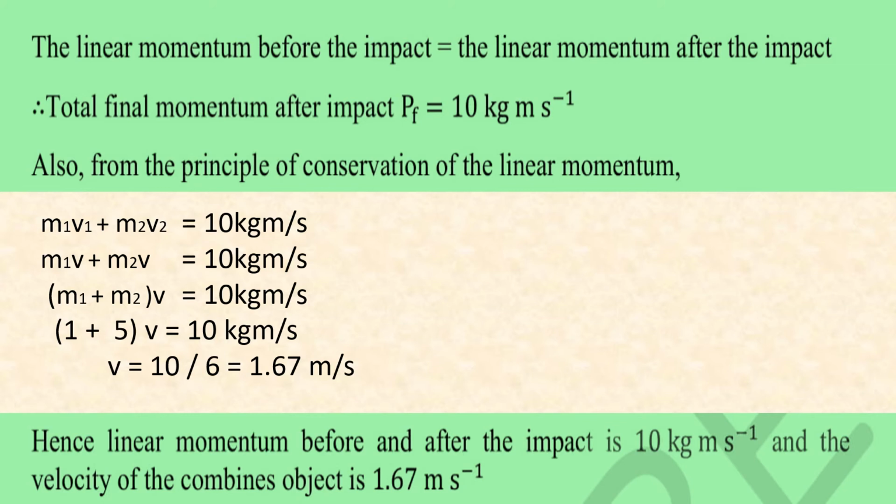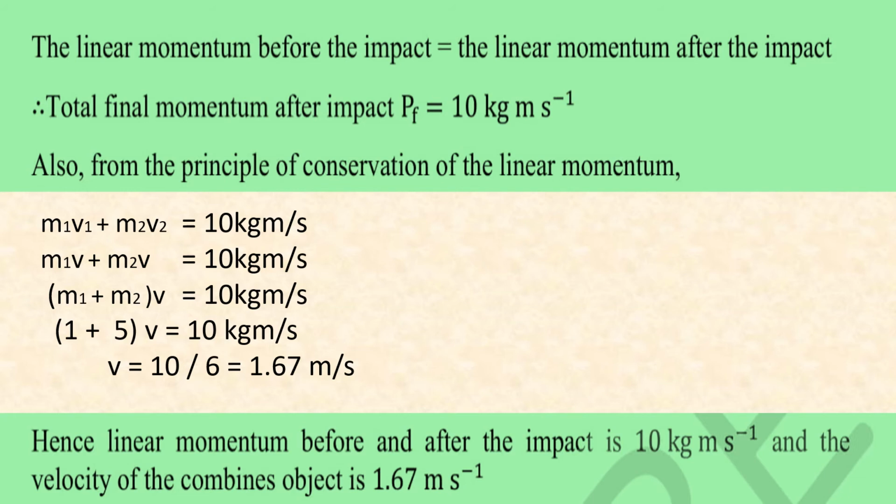While considering the equation for momentum, m1 u1 plus m2 u2 equals m1 v1 plus m2 v2. But here the final velocity is the same for both objects, which we have noted as v. So we can write it as m1 u1 plus m2 u2 equals m1 plus m2 into v.